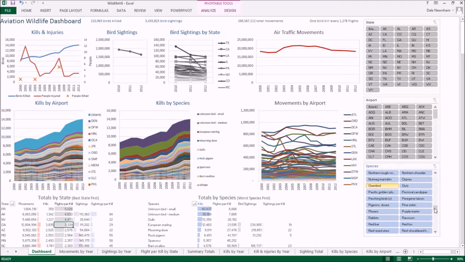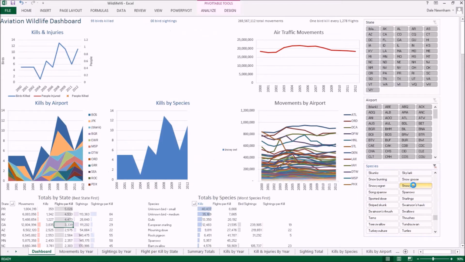We'll go back to the species slicer here on the right, and what I'm doing is just scrolling down to the snowy owl. I'm going to select the snowy owl button, and again it will adjust the charts over on the left hand side. What you'll notice is that there are no sightings of the snowy owl, which really shows what a rare and important bird this is.